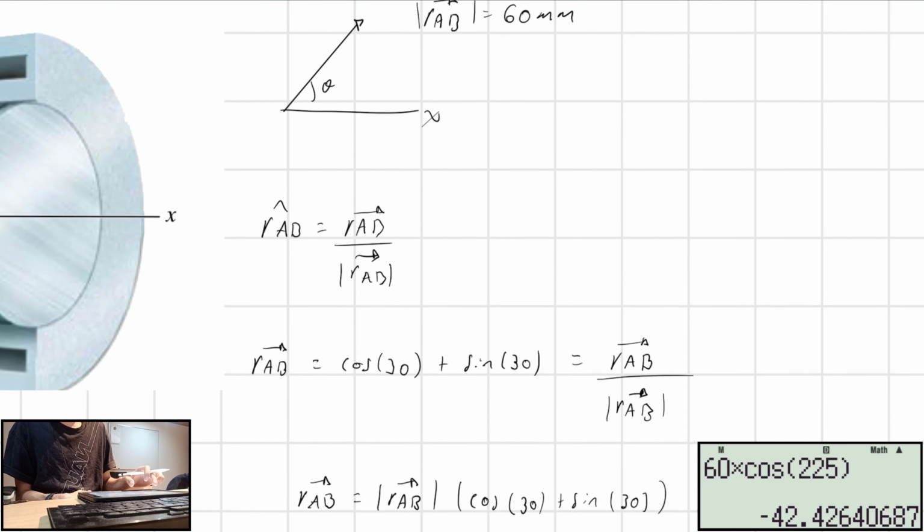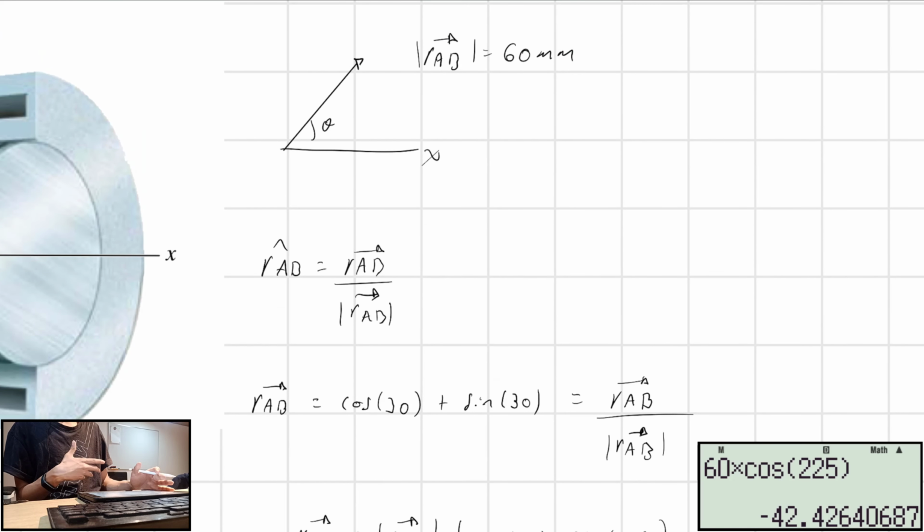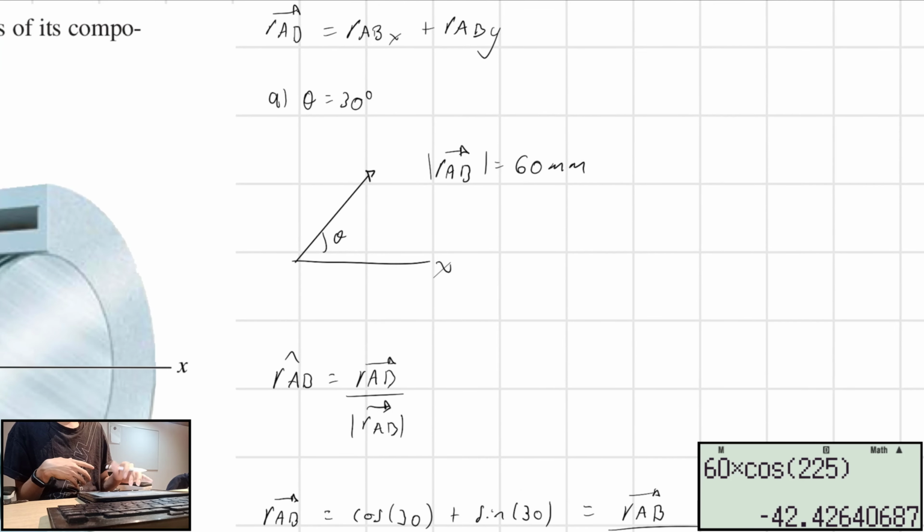This is pretty simple. And then the other information that we have to have clear to solve this exercise is that you can get the unit vector taking into account just the angle generated between the vector and the x-axis, like in this case.